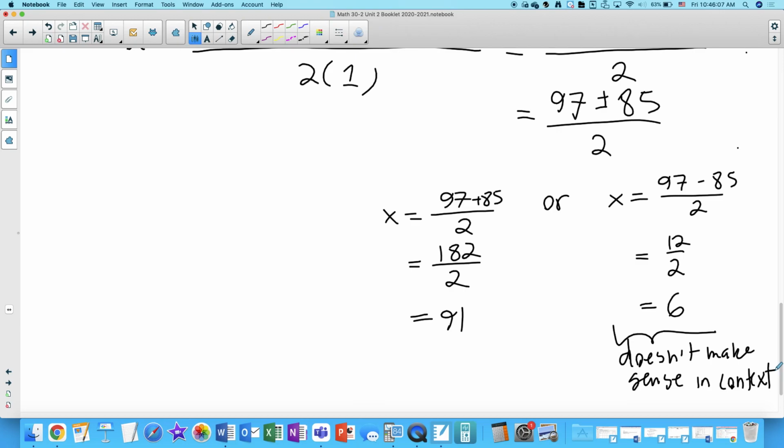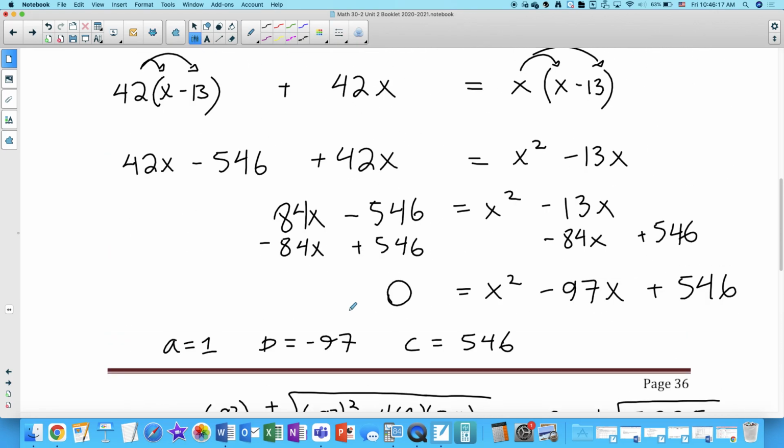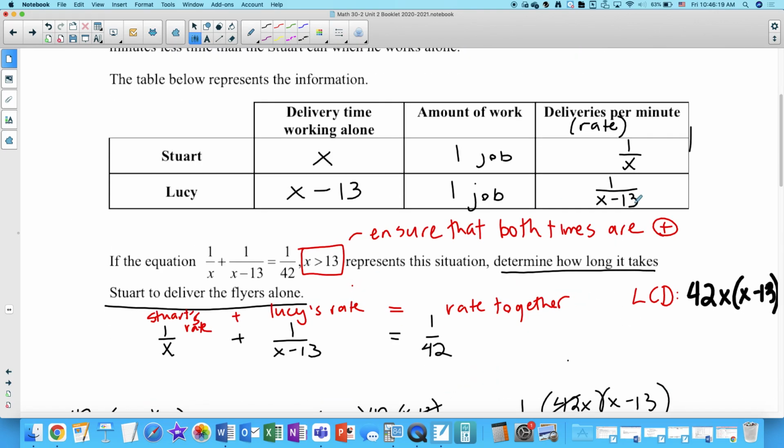So the answer to the question is this. X equals 91 minutes. Now, you need to go back and look carefully at what the question asks, how long did Stuart take to deliver the flyers alone, and then how you assigned X. X is Stuart's time. So in this scenario, the answer is 91 minutes.